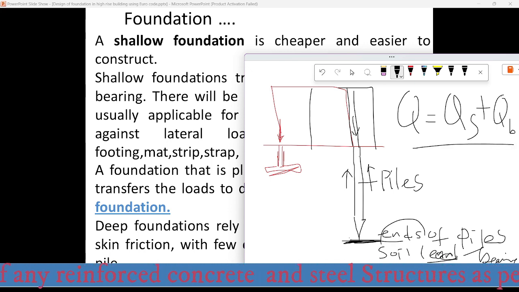The capacity of the pile should not be exceeded by the column load coming from the superstructure. We will discuss this in more detail when we discuss pile foundations.